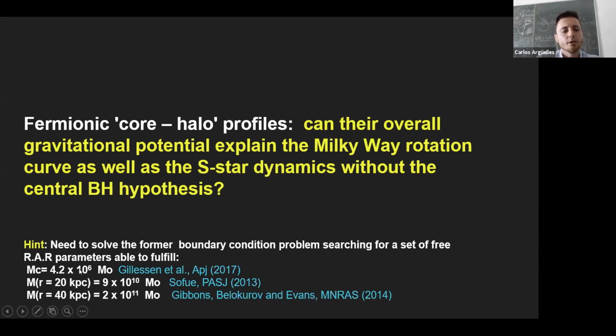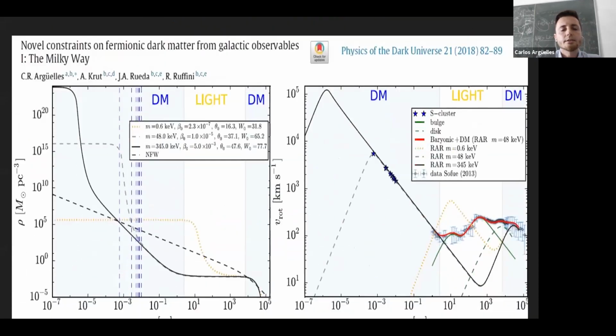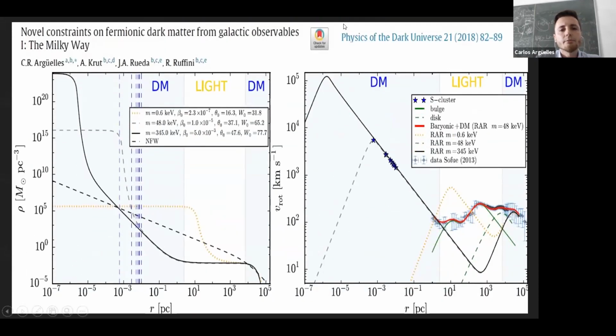You can fix it with the mass of the central object, and two other values in peripheral observations, either at the intermediate halo scales or also at outer halo scales, by, for example, the Sagittarius dwarf galaxy, in order to constrain the outer part. So all this data is used, and very remarkably, it is possible to obtain generic solutions, a family of solutions.